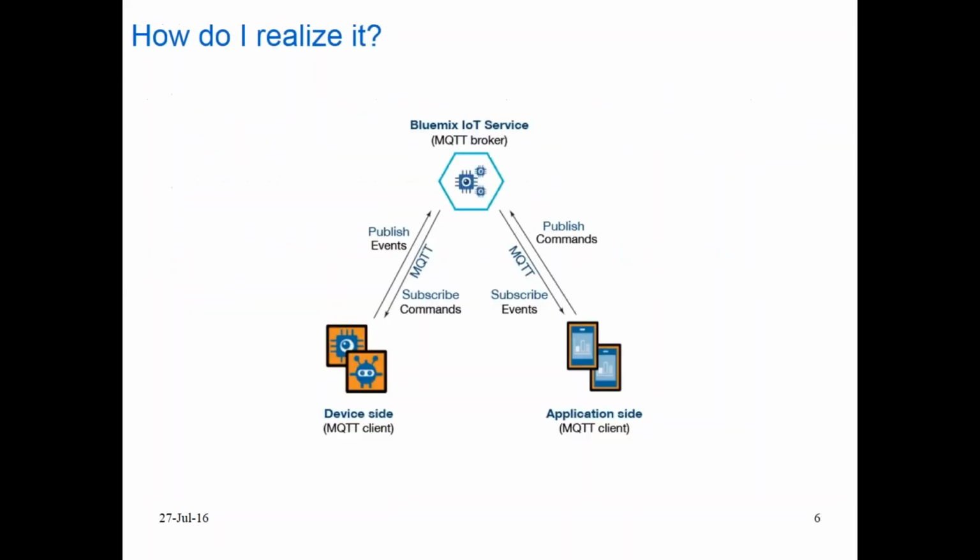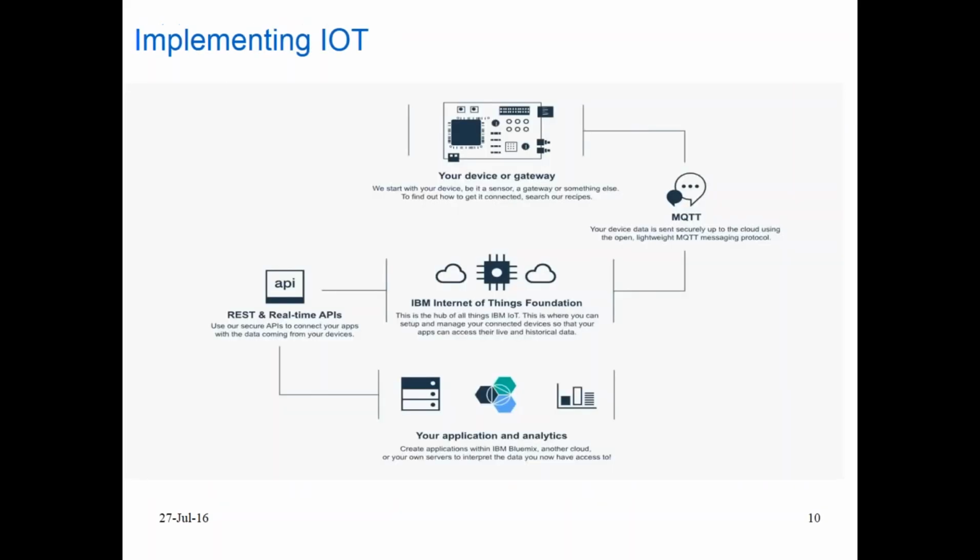Okay, so let me go back to realizing IoT. Now that you're clear about connecting devices to an IoT platform and what an IoT platform is, let us go into actualizing a solution. This diagram describes how to actualize an IoT solution.